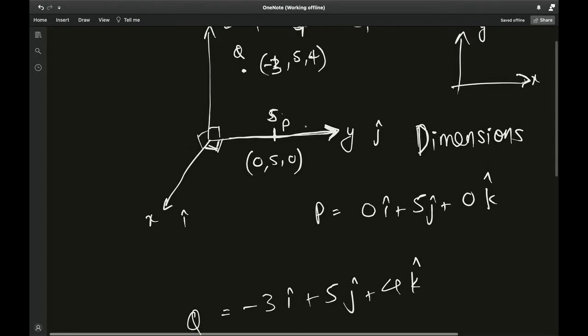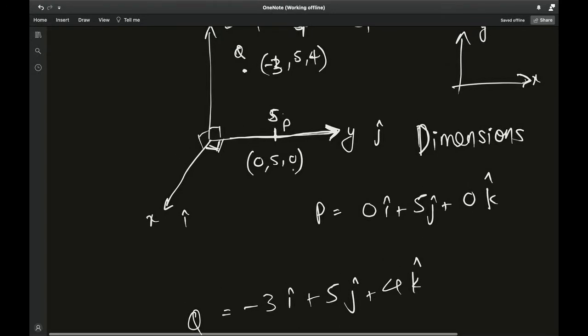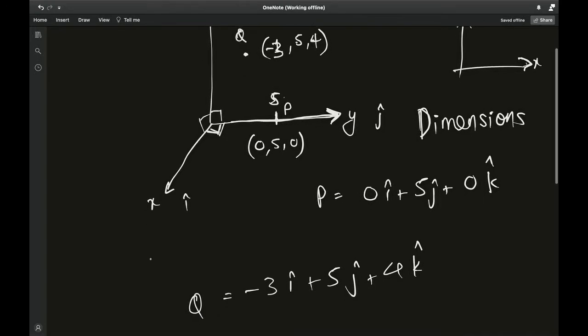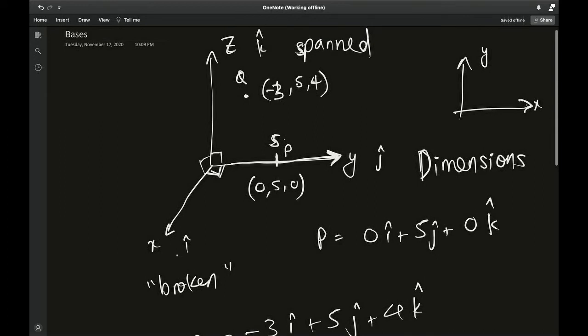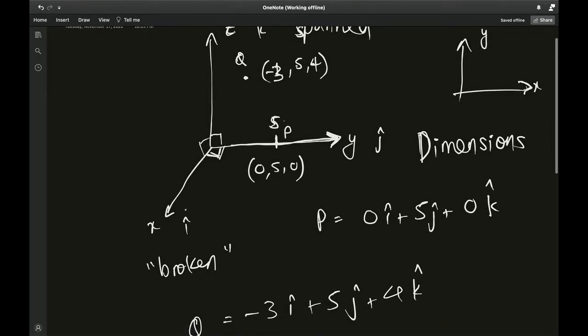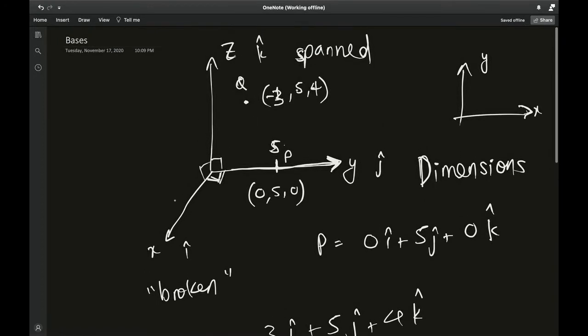So that's to say that this point Q can be broken down, and I'm going to emphasize this, broken down into 3 parts, based on these bases that we have, at least for this space.